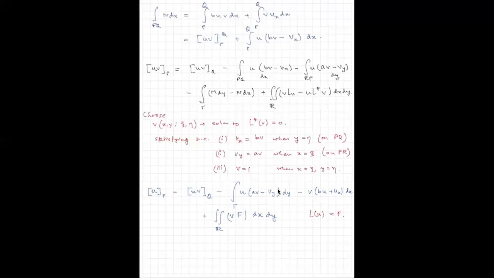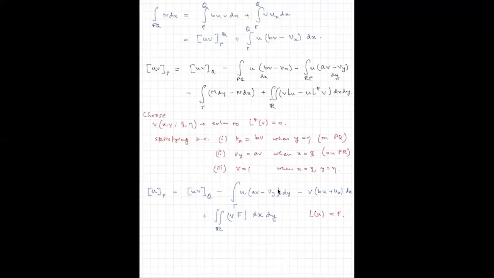All right, so this is going to be called the Riemann-Green solution to the Cauchy problem when u, u_x are prescribed on gamma.